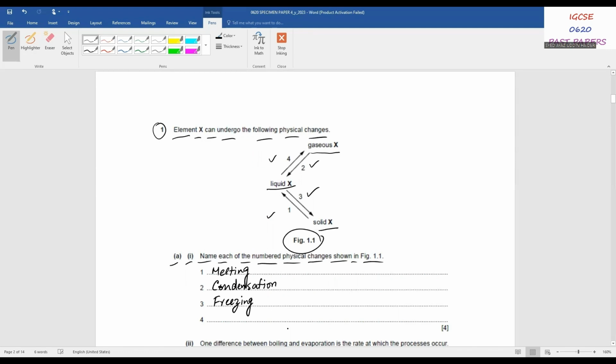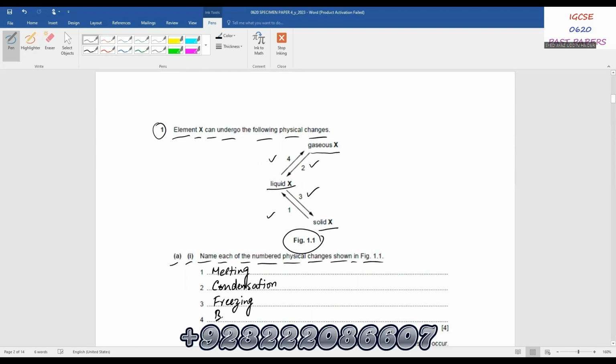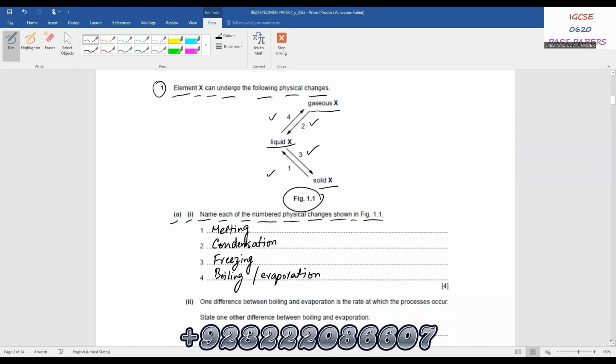Number 4 is changing from liquid to gas state. You can write boiling. You're also allowed to write evaporation, because evaporation also involves a change of liquid into gas state.